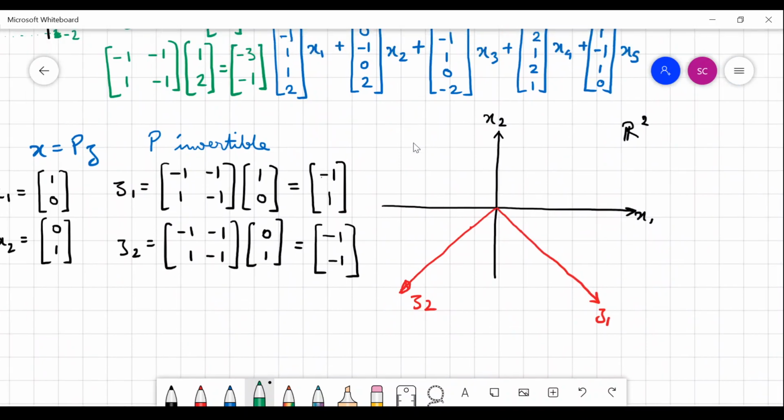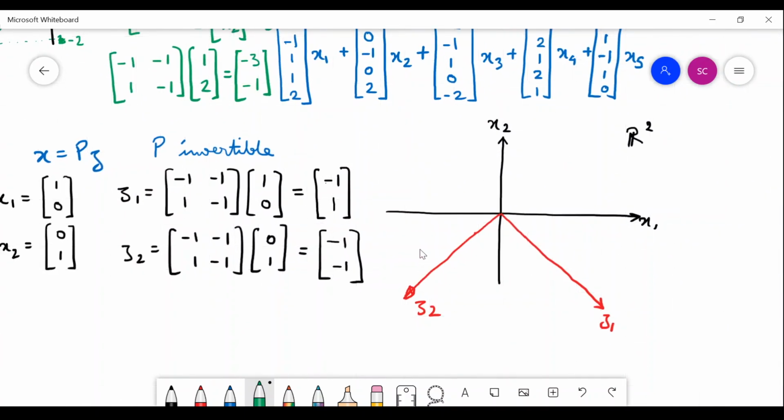So you try to express this [-3, -1] in terms of z1 and z2. So z will be some alpha 1 z1 plus alpha 2 z2. Try to find out what alpha 1 and alpha 2 will be. Then your job is done.